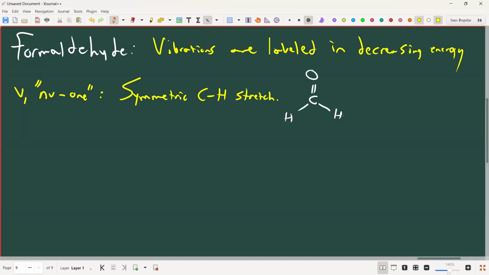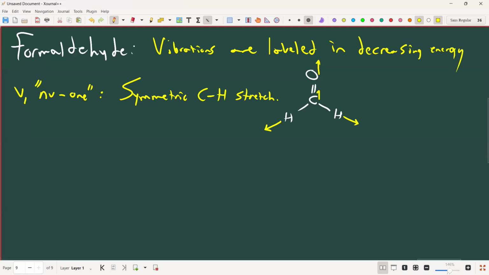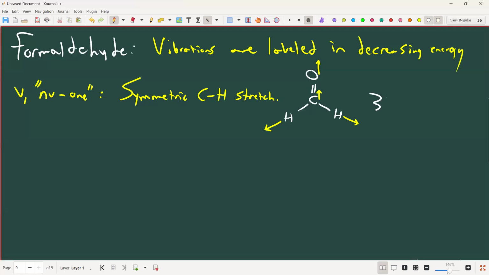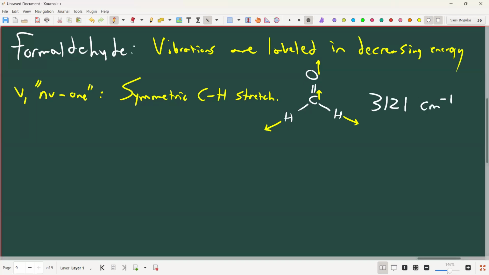We can kind of get a sense, right? The H's point out, and to compensate, the C and the O move away a little bit. This is at a frequency of 3121 wave numbers. Again, this is high frequency. Remember, the frequency depends on the stiffness divided by the reduced mass. The stiffness might not be that strong of a bond, but these H's are really small, so the reduced mass is really small.